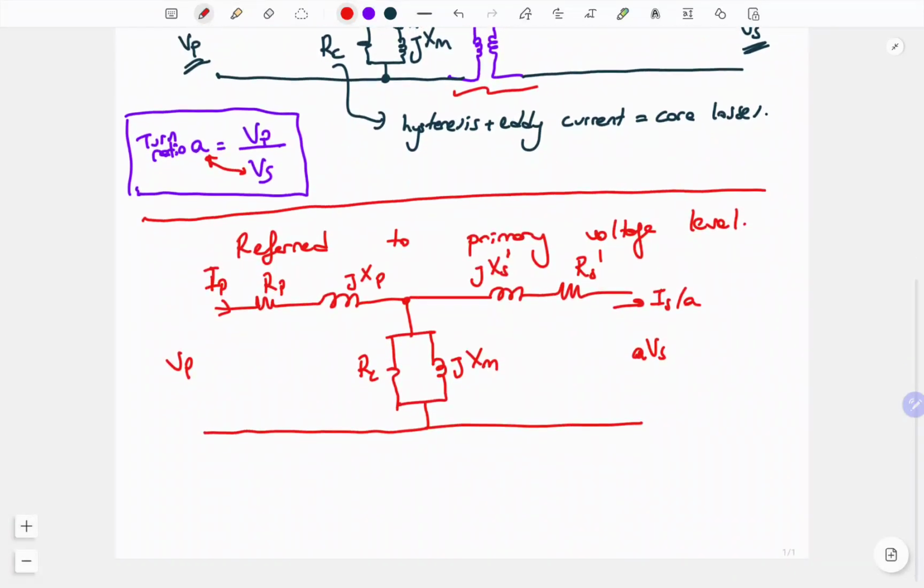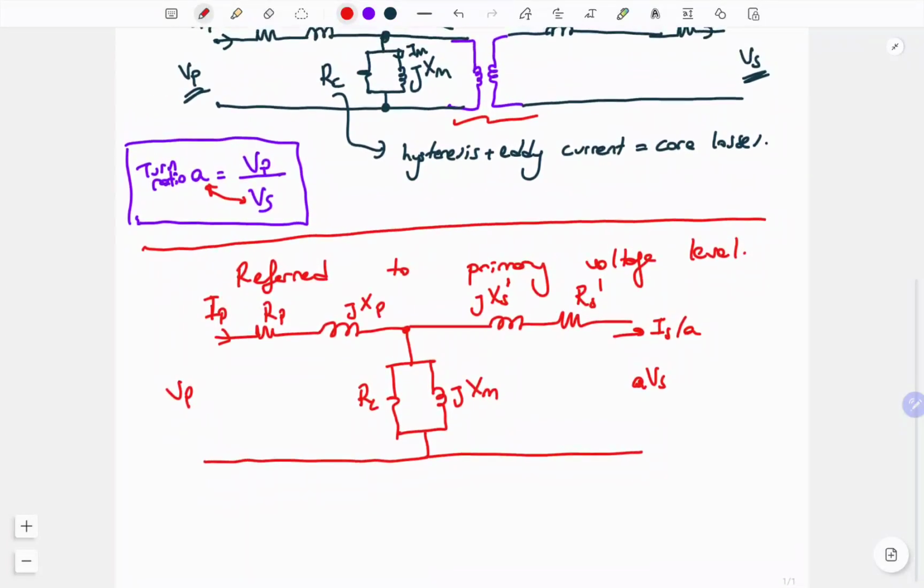What about the prime parameters, RS prime and XS prime? So what we did, we transferred the secondary side parameters to the primary. So we carry them from the secondary side to primary, or right to left. In that case, we must multiply their initial values with the turn ratio squared.